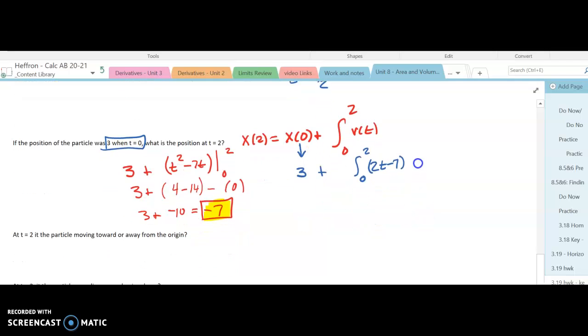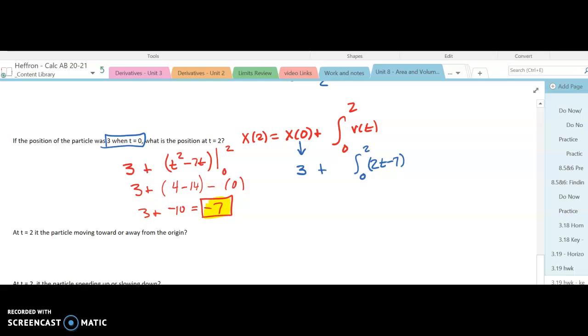And then the last couple. Is the particle moving toward or away from the origin? And we'll say at t equals 2. So at t equals 2, based on the problem that was intended, our position, x of 2 equals negative 7. So if we think about a number line, here's the origin, and I'm at negative 7.